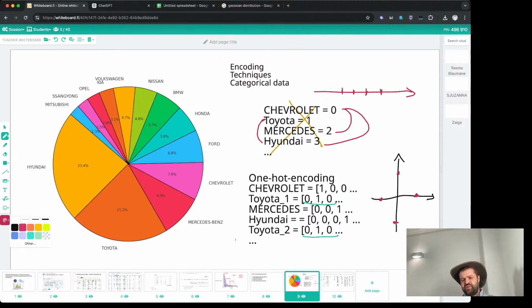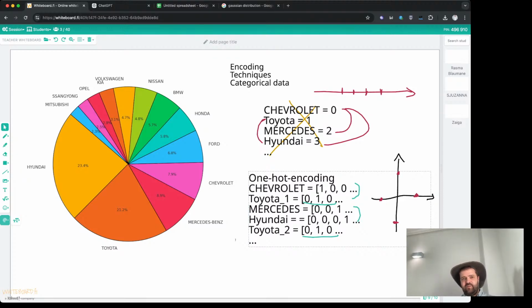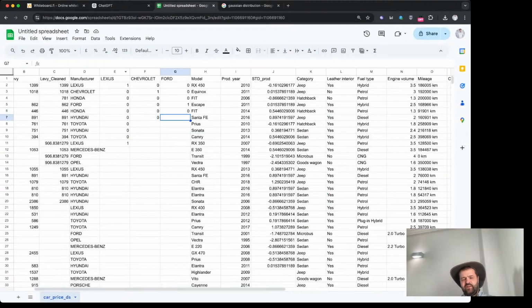Of course, I know this is -1, but the idea is the same. And the distance between any of these cars is always 2. If you calculate the distance between any two of these vectors, it will always be the same. It doesn't matter in what order you make these columns, it will always be the same distance.